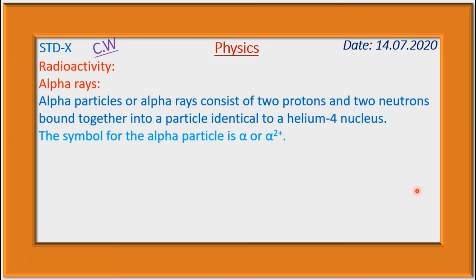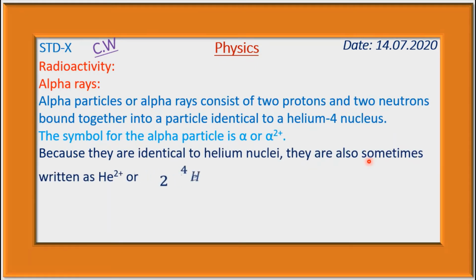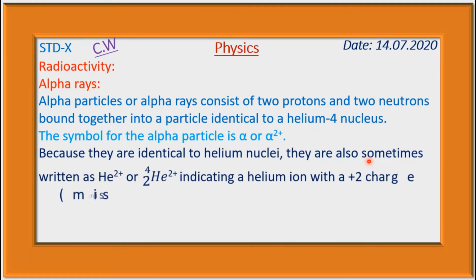The symbol for the alpha particle is the Greek letter alpha, or alpha 2+, because there are 2 charges. The charge of an alpha particle is +2, therefore alpha 2+. Because they are identical to helium nuclei, they are also sometimes written as He 2+ or 4/2 He 2+.